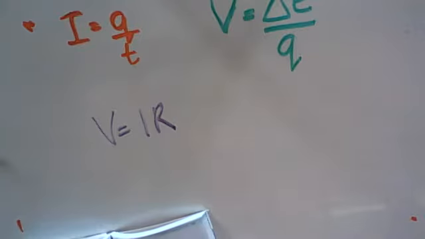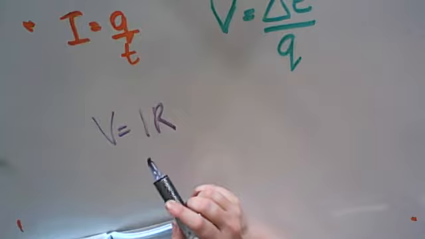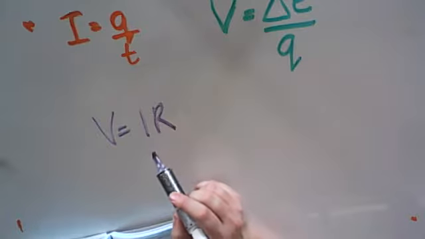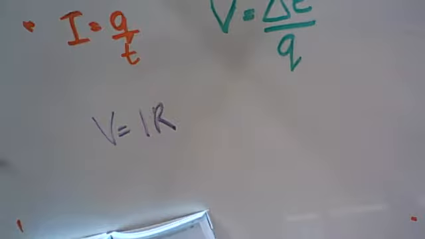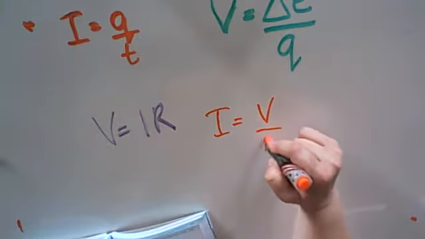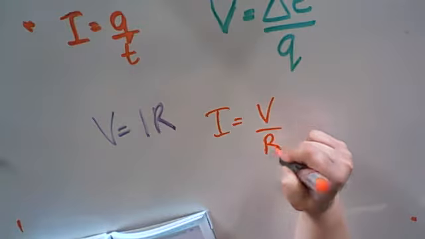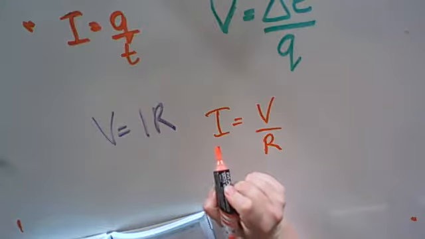Now, you can also imagine it in terms of the current flow, and this is a good way to conceptualize it in your head, if we write it instead as I equals V over R. So we know already I is how many charges are flowing every second.